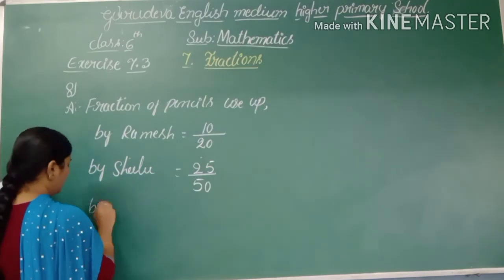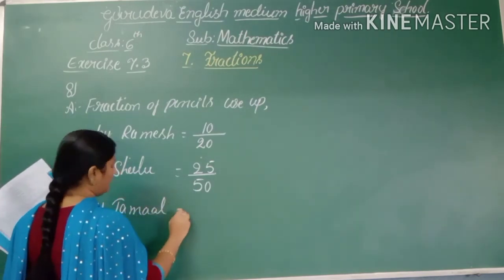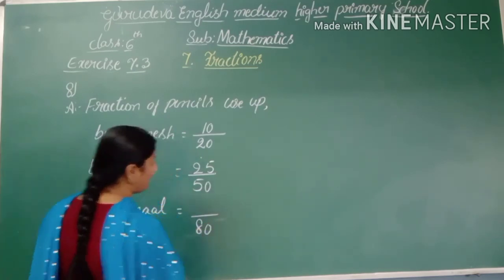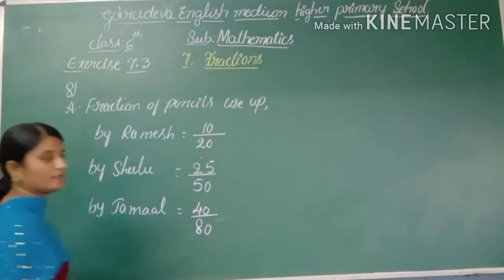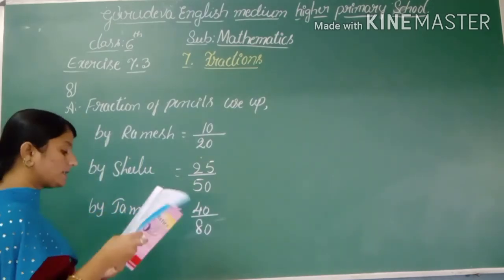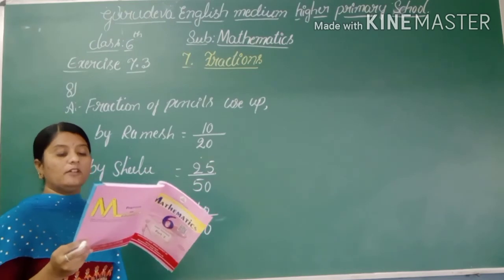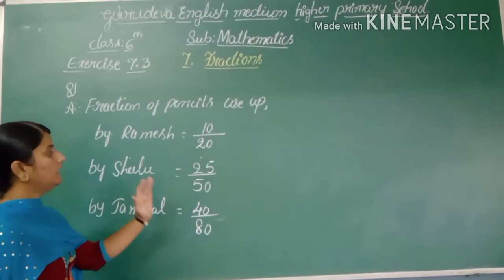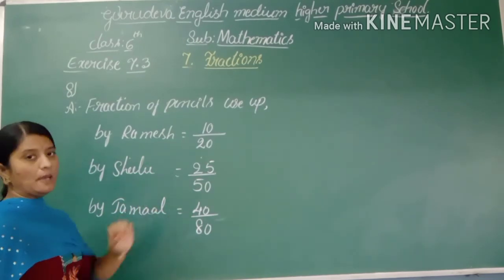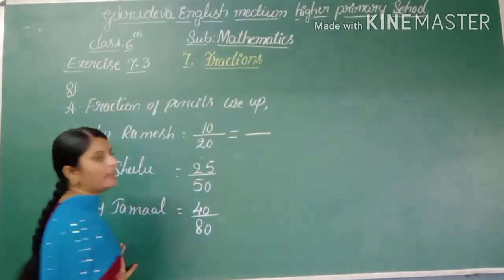Then Jamal had 80 pencils, and he used up 40 pencils. What they are asking here is to check if each has used up equal fractions. So here are the fractions of pencils they used up. Let's simplify these fractions.